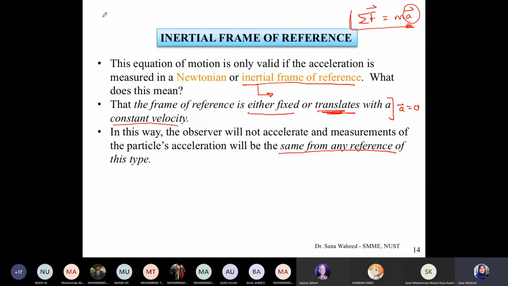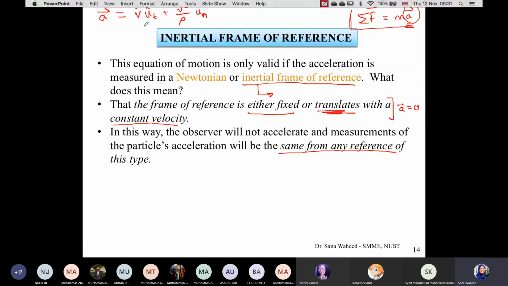Why? Because you already know that the acceleration expression for, let's say, curvilinear motion, if I write it in NT coordinates, is v dot u tangential plus v squared divided by rho u normal, right?